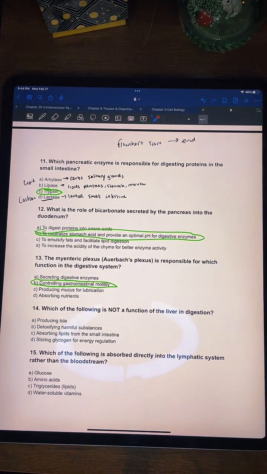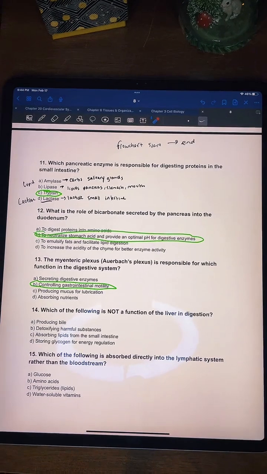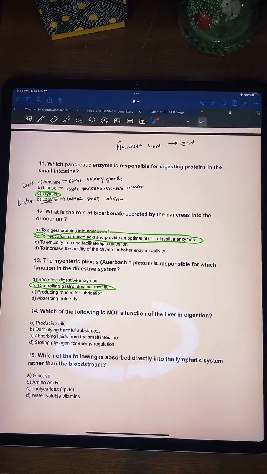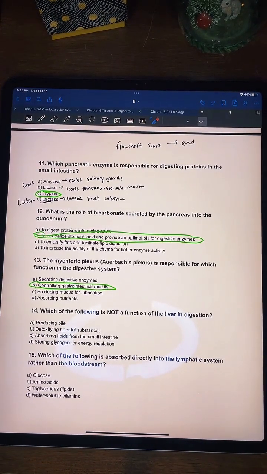Let's see here. What are we thinking for number 14? Which of the following is not a function of the liver in digestion? See a couple here.